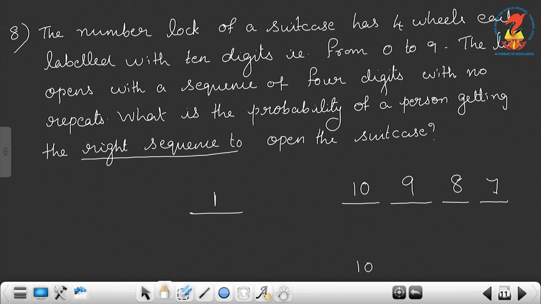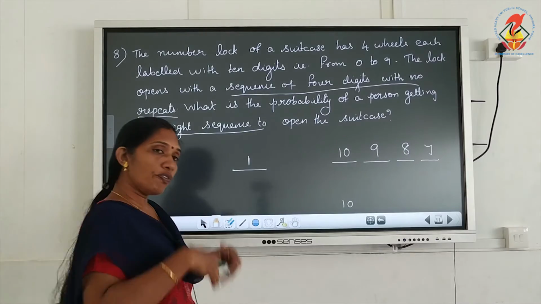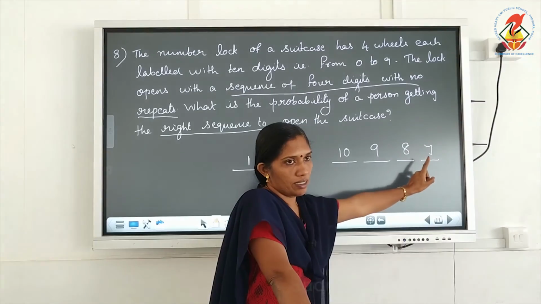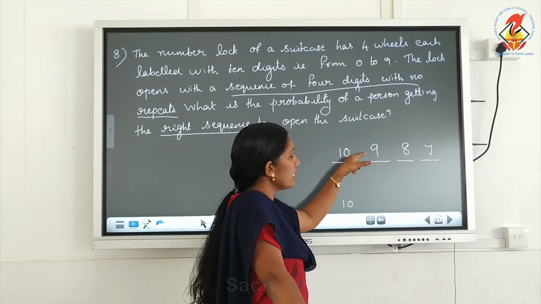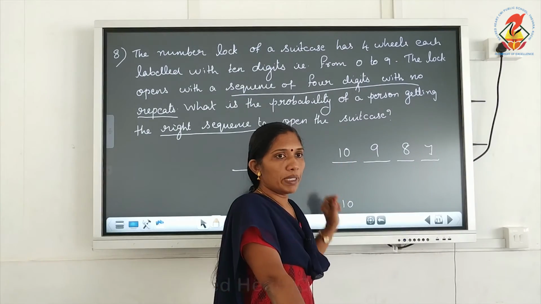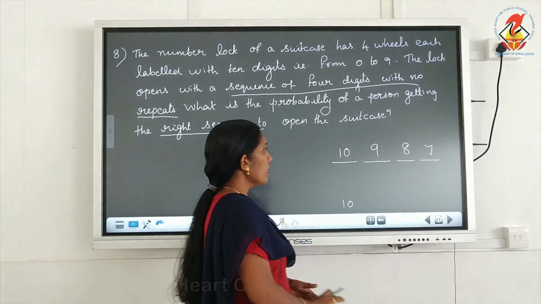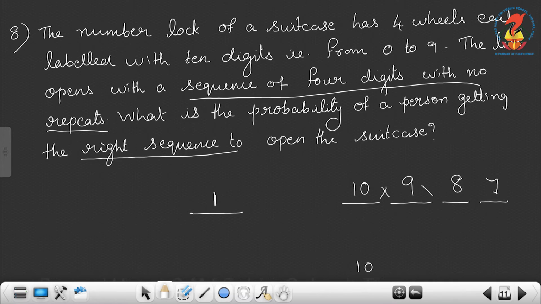But here it is given the lock opens with a sequence of 4 digits with no repeats. For finding that only we are writing like this. If I write 10 here, then the digits repeat. That's not possible. So the denominator part is first place by 10 ways, second place by 9 ways, third place by 8 ways, last place by 7 ways. So 10 into 9 into 8 into 7.